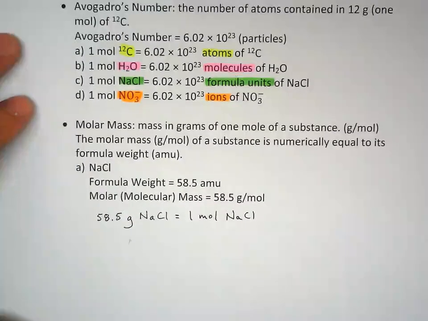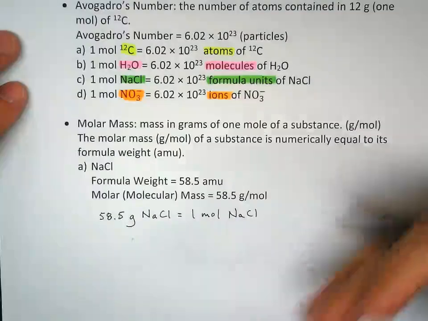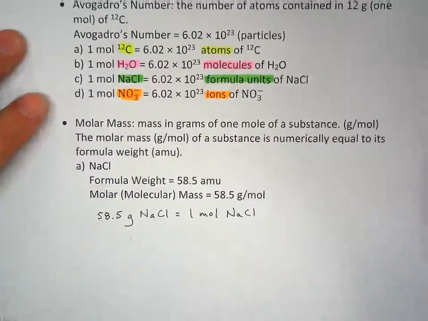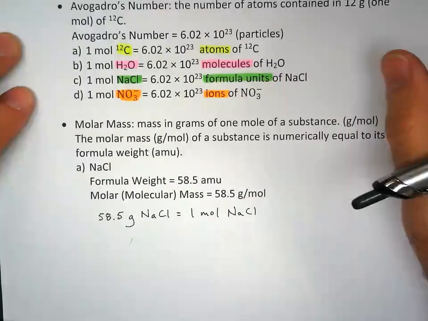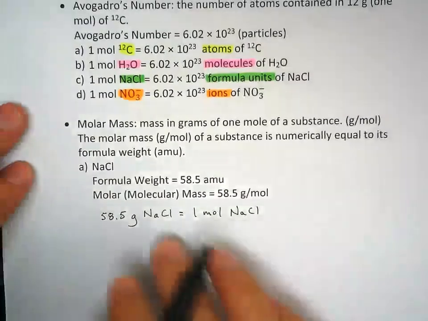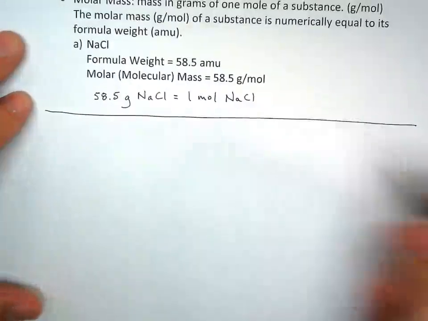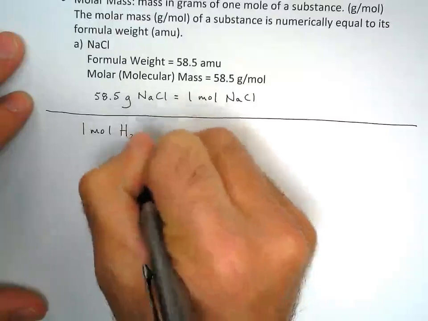Okay. All right. Now, there's one more thing I want to put on these notes that isn't on here, but that we use and can be important. Okay, and that is the relationship between a formula, the moles of a formula, and the moles of individual elements in the formula. Okay, so this is sort of separate from what we have here. All right, so say we have 1 mole of water.